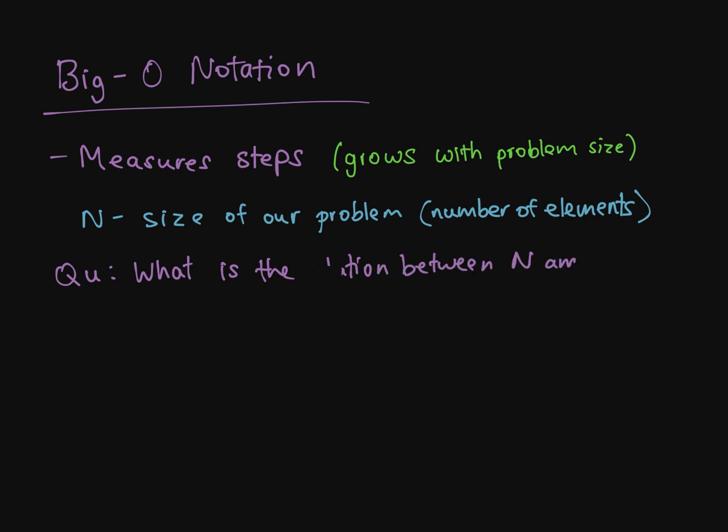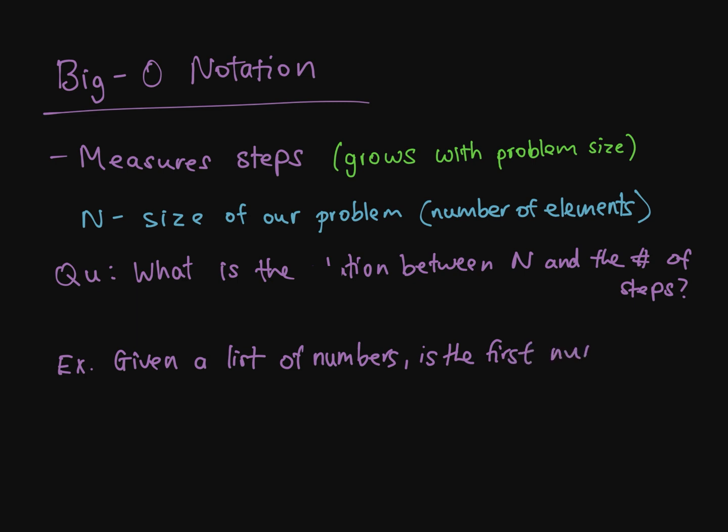Okay, let's do some examples now. Let's start off with the absolute best case scenario. Imagine I hand you a list of numbers, and all I ask you is: is the first number in the list the number 10? To answer that, you can open the book, look at the first number, and then say yes or no, which takes exactly one step.